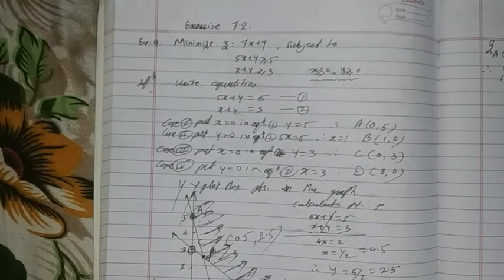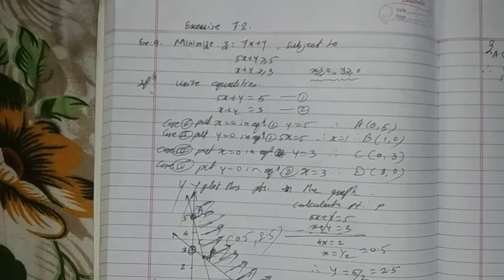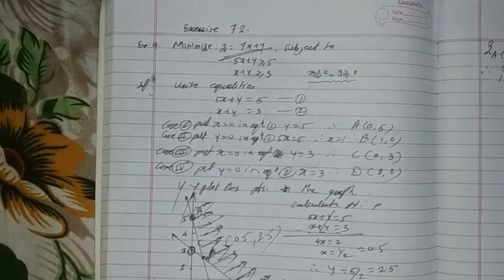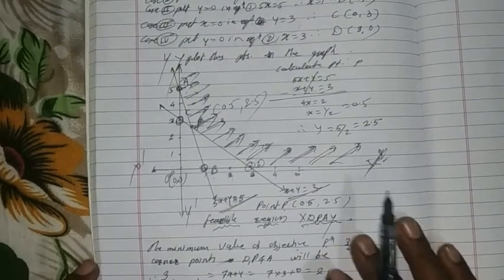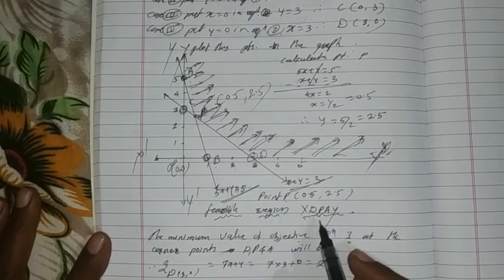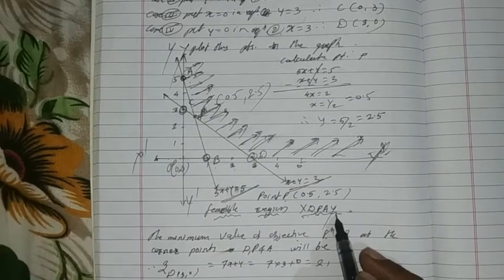Then we have to calculate the minimum value of the objective function z. This function is given, the minimum value of the objective function z. After the graph, what will we do? The feasible region is shown, x, D, P, A, y.